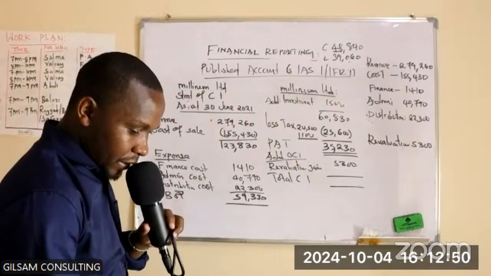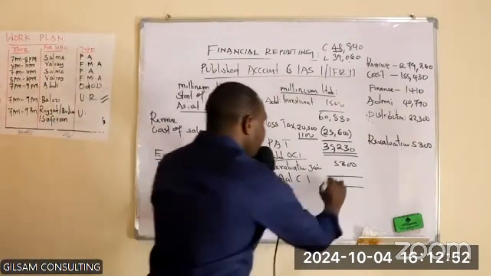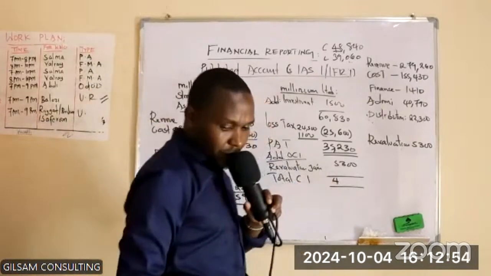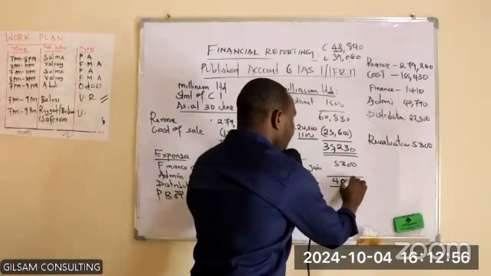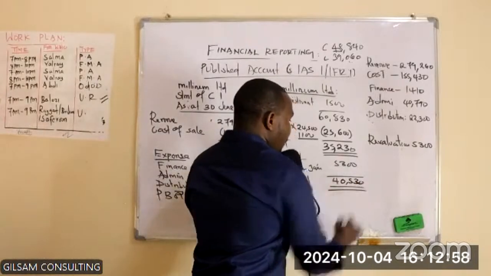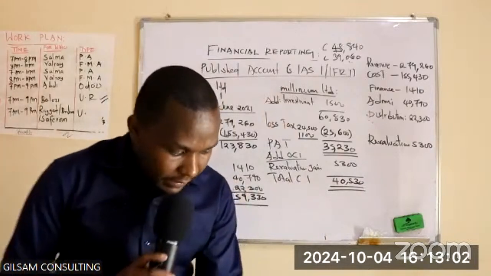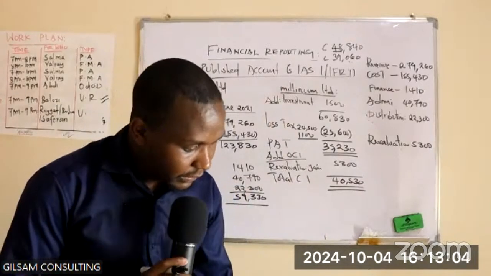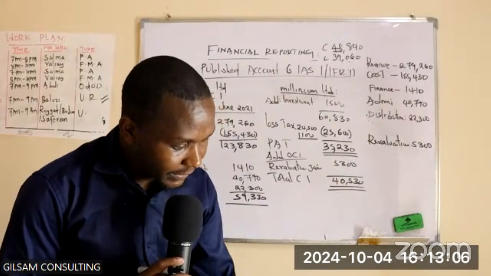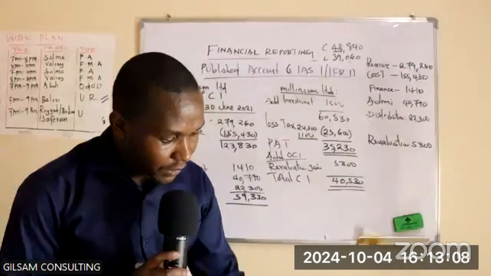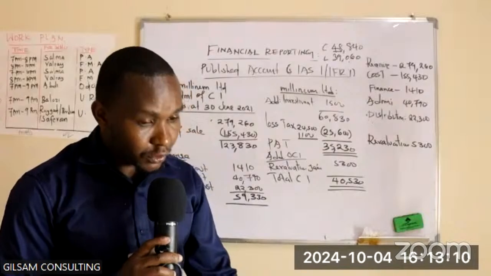So plus 5,300, you're getting the total comprehensive income of 40,550. So that makes the first attempt of this question. That is number one. It was requiring the statement of comprehensive income for the year ended 30th June 2021.